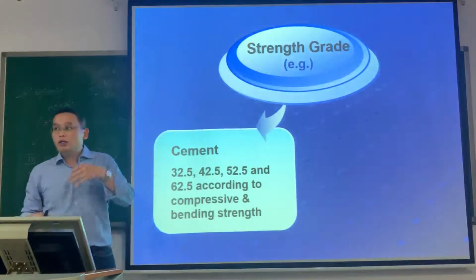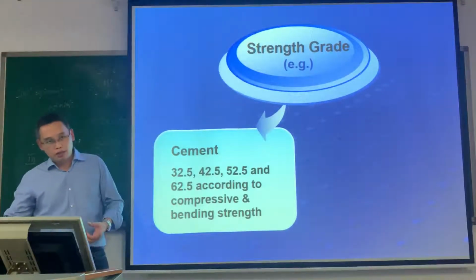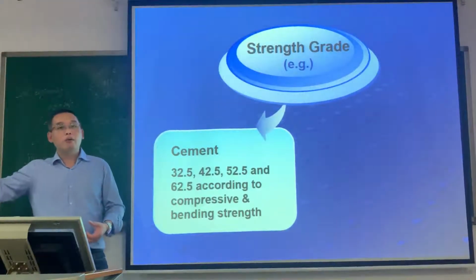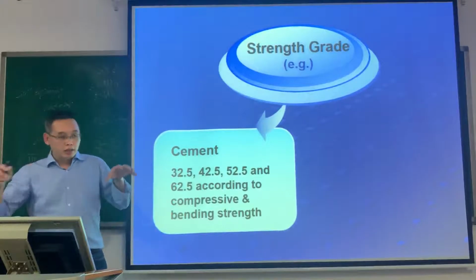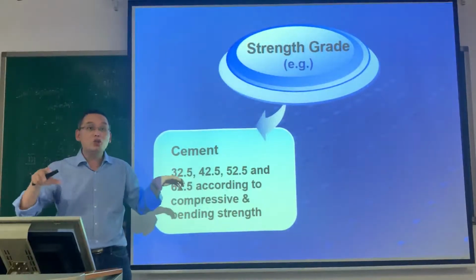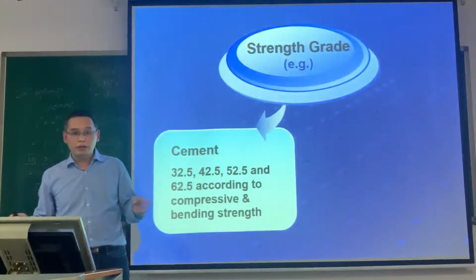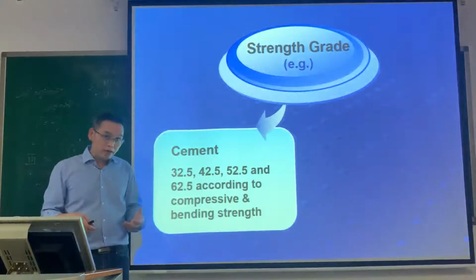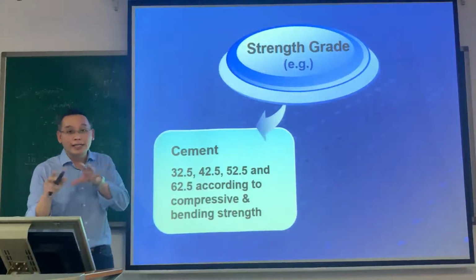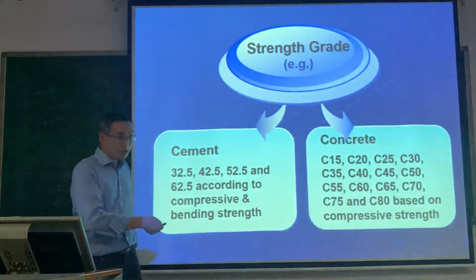If we want to construct a bridge, a road or a building, the strength of the concrete for these three kinds of structure is different. And therefore steel also, the strength is different. Fragility is different. Okay, this is for concrete.